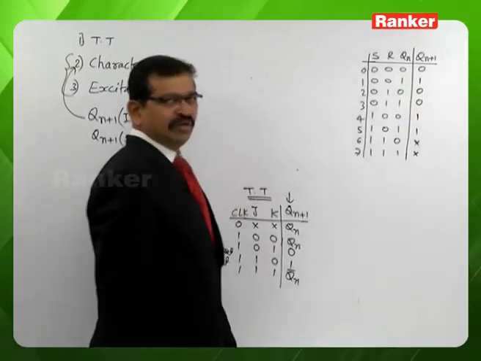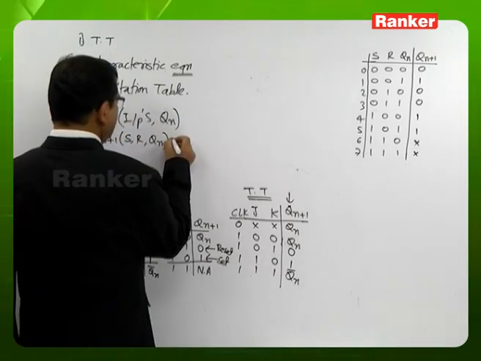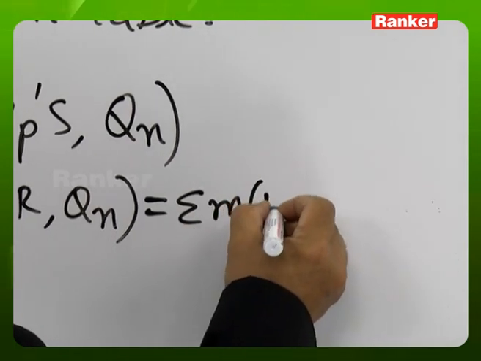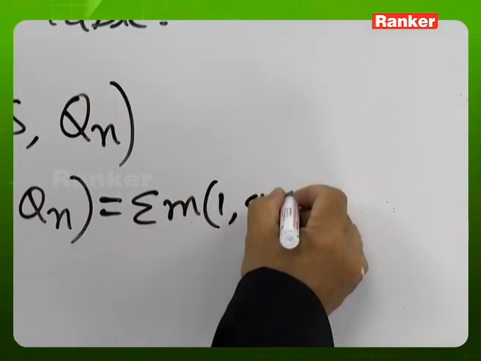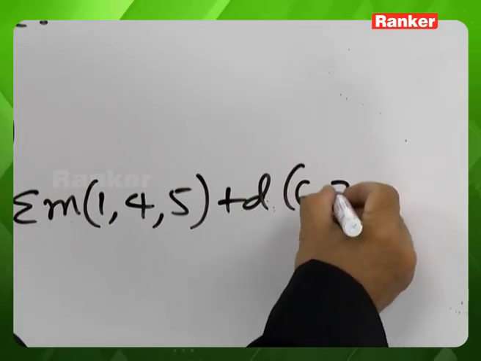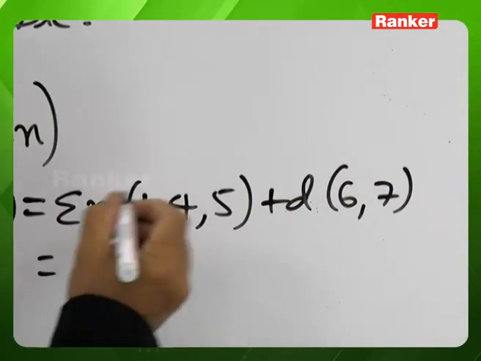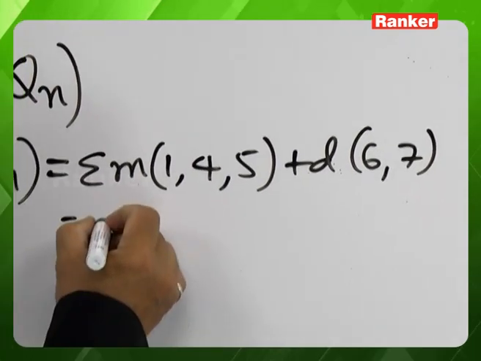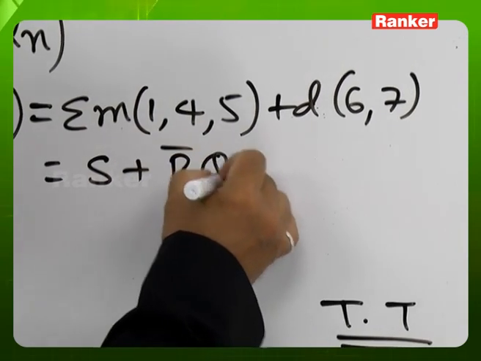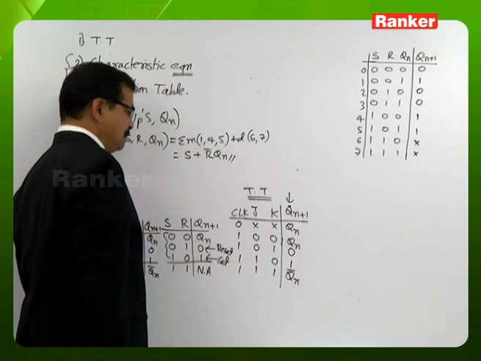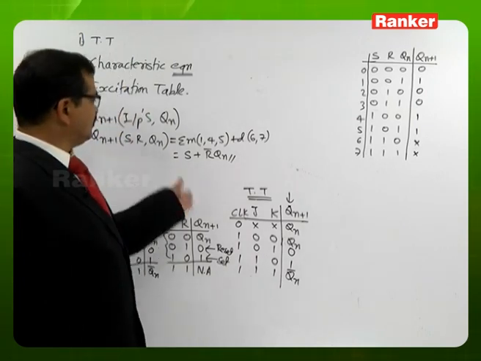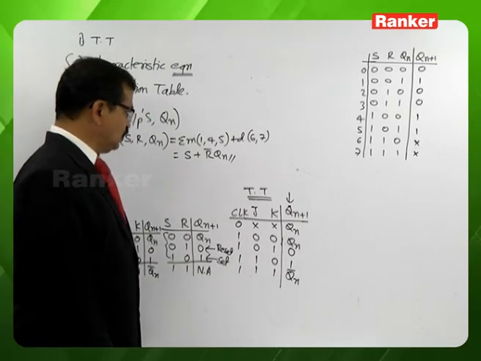So from this table, the min terms for Qn plus 1 are 1, 4, 5. Don't cares are 6 and 7. And using a K-map, if you simplify, it comes to be S plus R bar Qn.